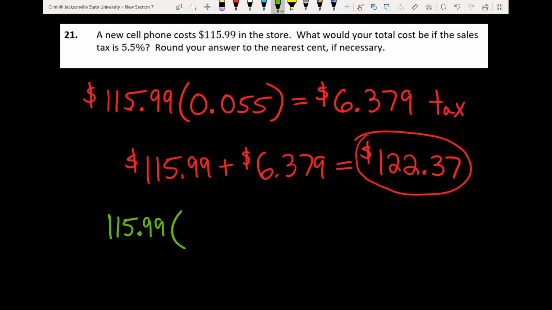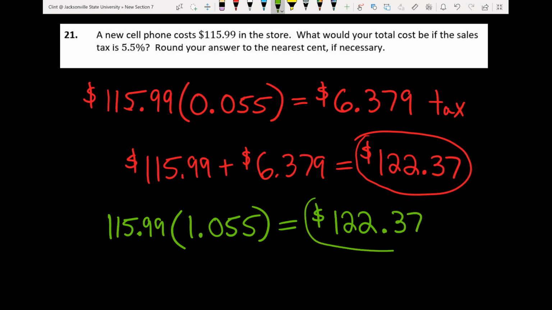As a decimal, that would be 1.055. So 115.99 times 1.055. Guess what we get? We get 122.369. That rounds up to 0.37. So you can do these either way.